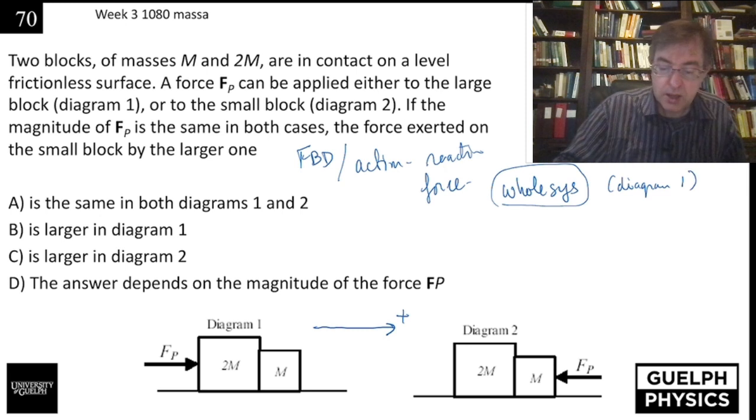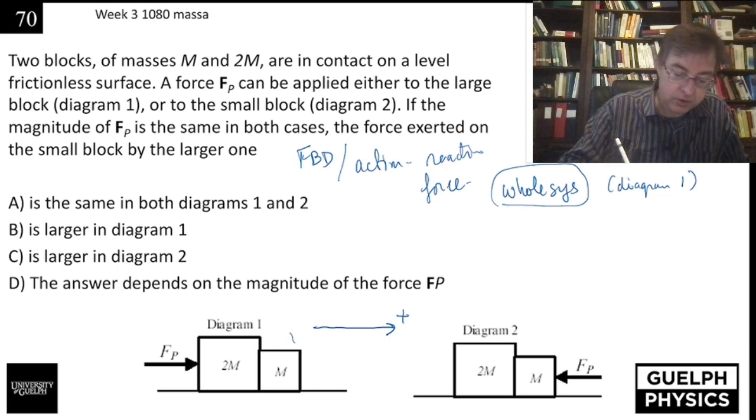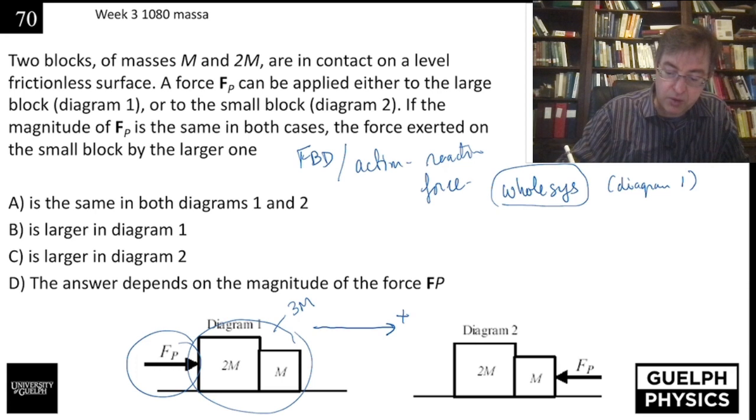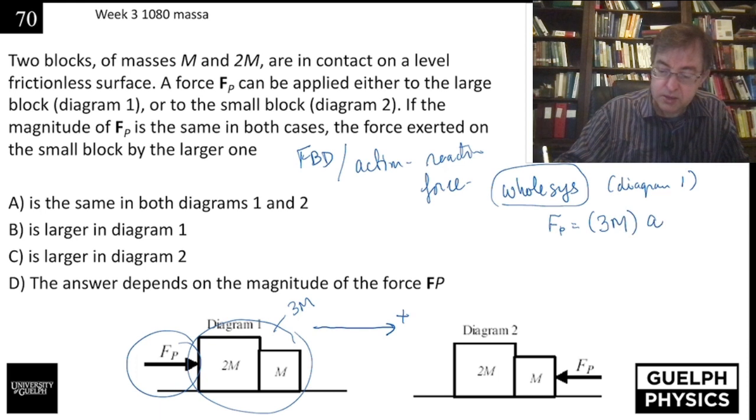You have a total mass of 3m experiencing a net external force Fp. So in diagram 1, you'd write Fp equals mass times acceleration, which is 3m times a. Solving for a gives a = 1/3 Fp over m.